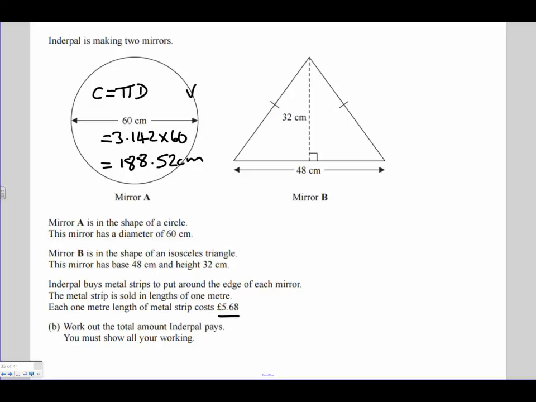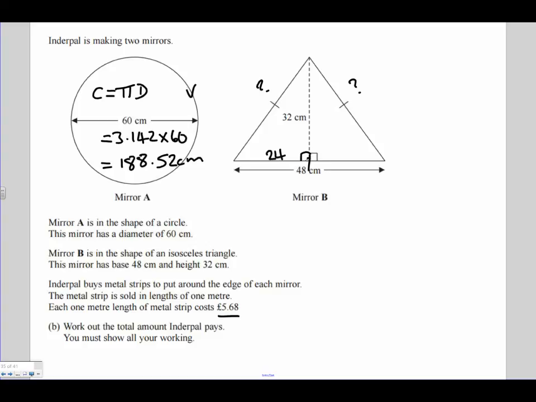To find the distance around mirror B, it's slightly more difficult. Because we've been given the base of 48 centimeters and the height of 32, we don't know the length of the two sides that have the same length on our isosceles triangle. So again, we need to use Pythagoras. We have 32 centimeters as a height, but 24 centimeters is the base of one of these right-angled triangles.